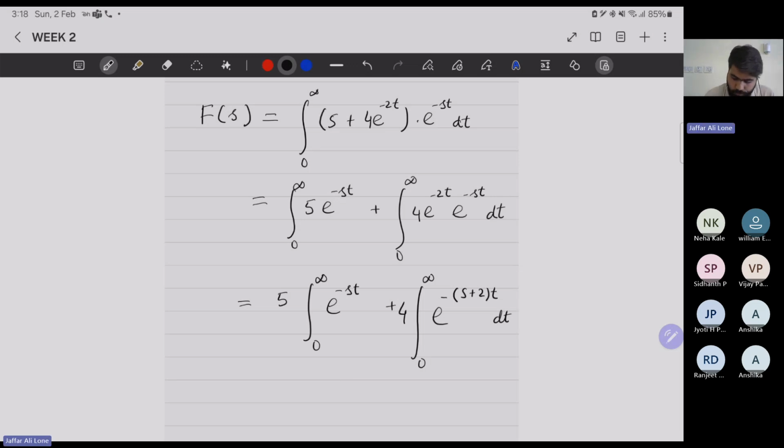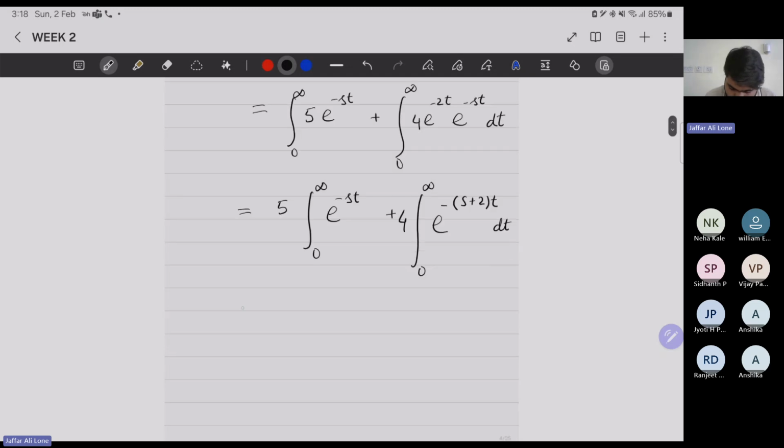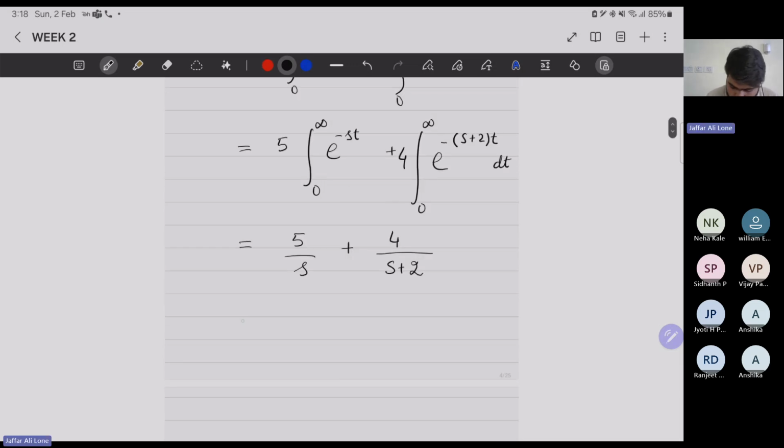When you solve this, you will get 5 over s plus 4 over s plus 2. Then you can simplify it a bit. That is 5 into (s plus 2) plus 4s, divided by s into (s plus 2).